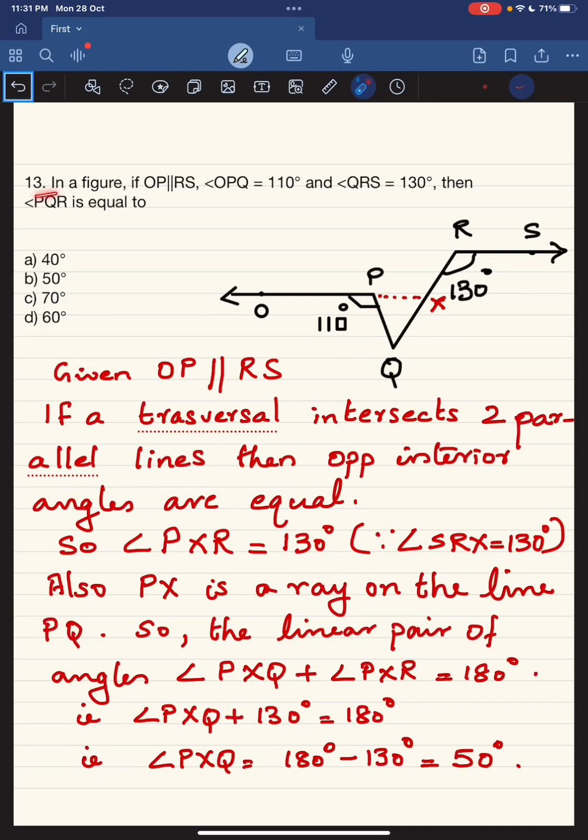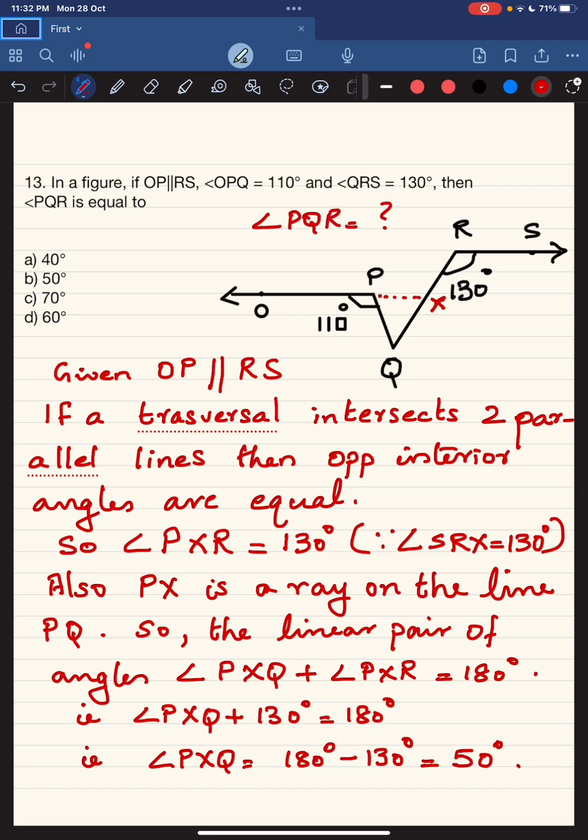Next question is, in a figure, if OP is parallel to RS and angle OPQ is equal to 110 degrees and angle QRS is equal to 130 degrees, then angle PQR is equal to what? We have to find angle PQR. What is angle PQR?